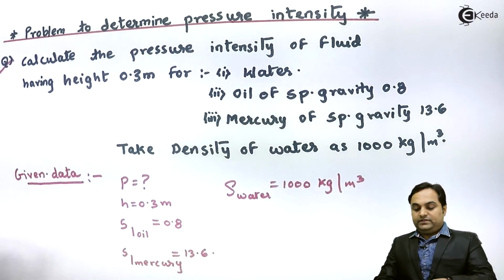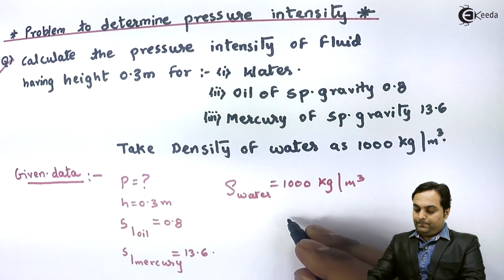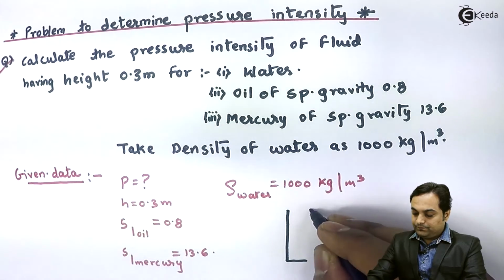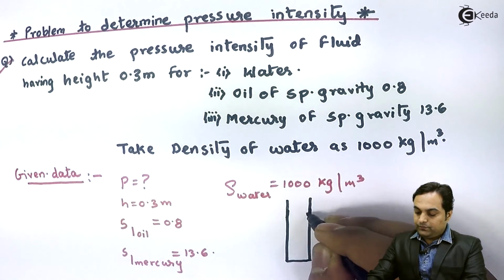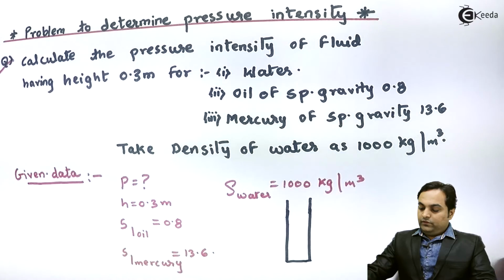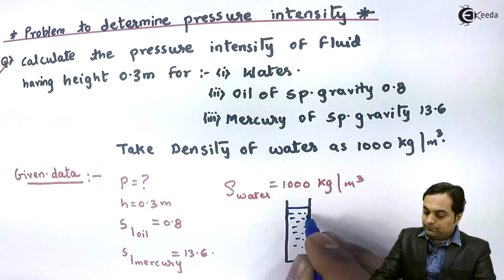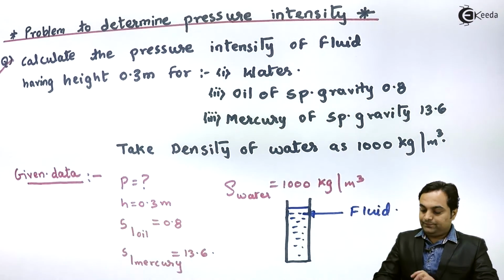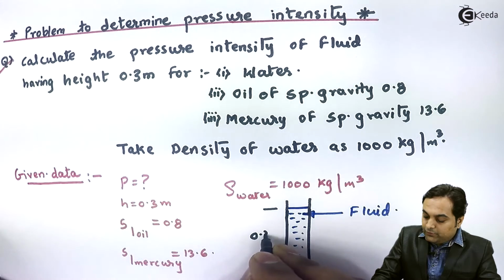Now this height I can show here. It is like an example that we are having a column which is filled with fluid, and this column is having a height of 0.3 meter.